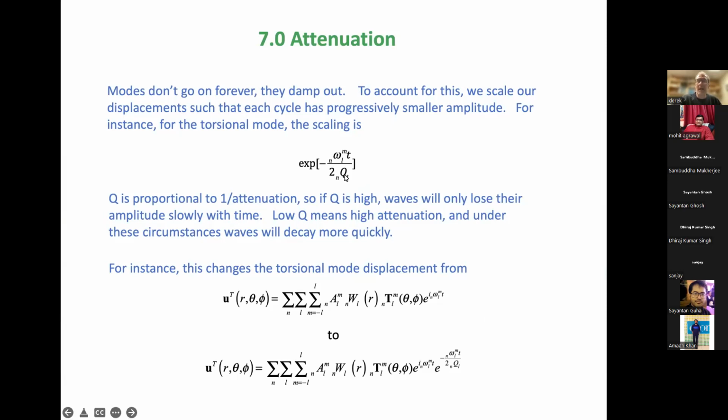If Q is high, waves will lose their amplitude slowly. If Q is low, then this whole exponent becomes quite large, and things will attenuate or lose their amplitude quite quickly. So for instance, we will modify the torsional mode displacement from this formula to this formula. So we will add this exponential term.